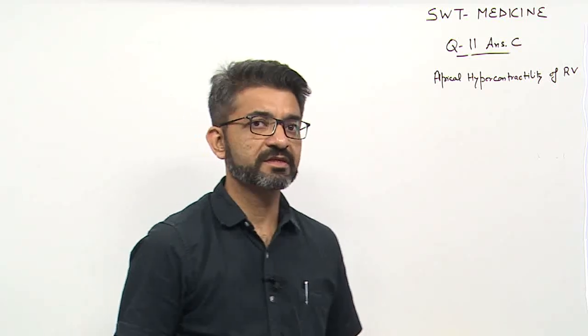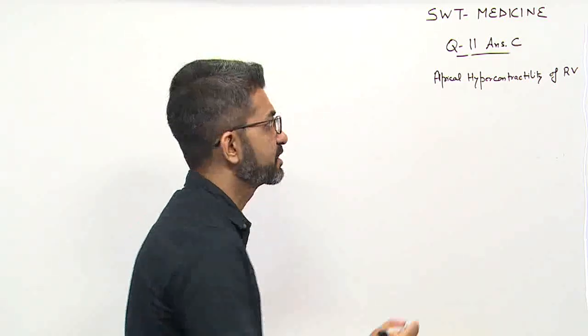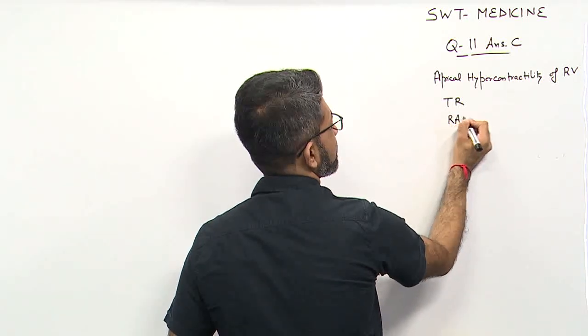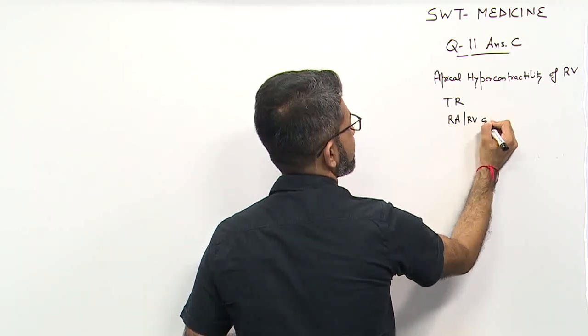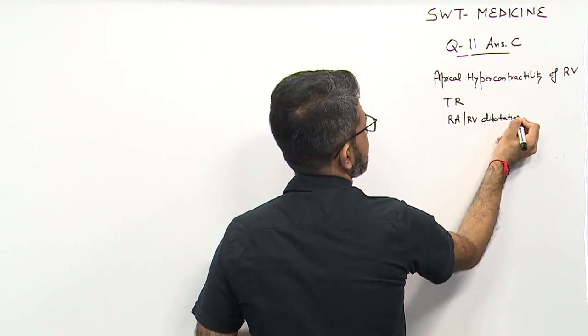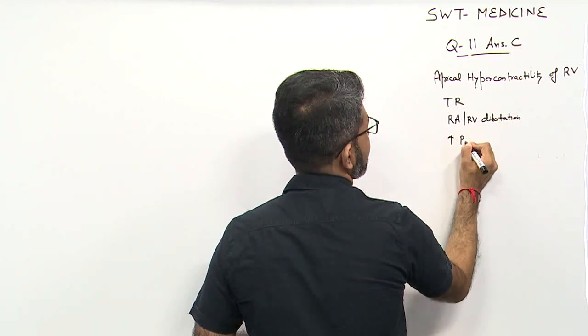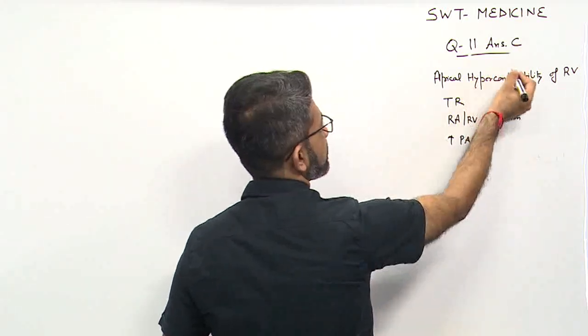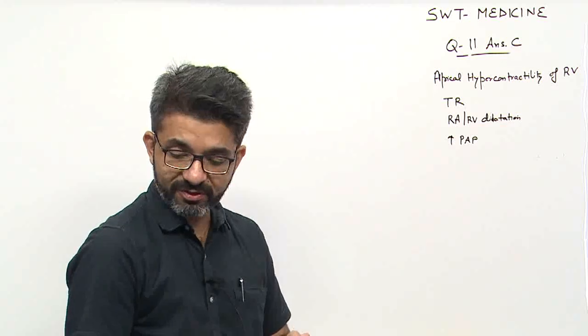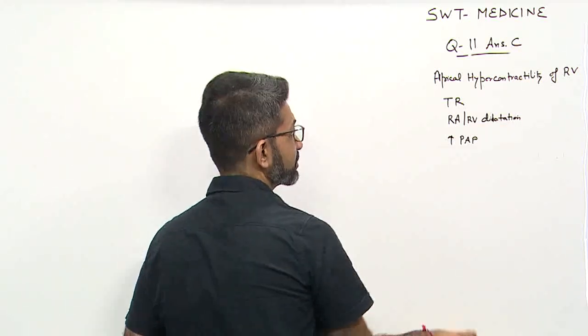So, there is TR, there is RA RV dilatation, increase in pulmonary artery pressures and apical hypercontractility of RV, which is a classical sign known as McConnell sign of pulmonary embolism.